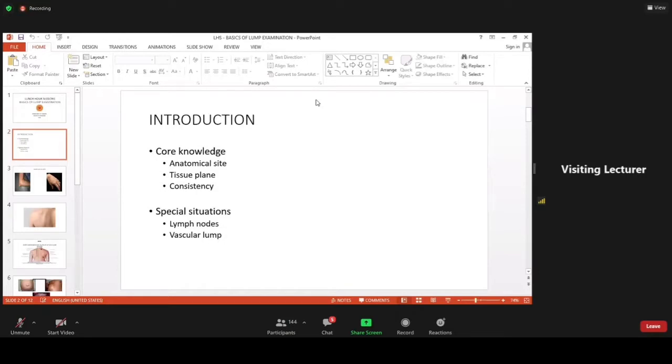As medical students, we try to remember the steps and put the lump into those 9 steps. But as clinicians, our objective is to come to a diagnosis, and this is how we look at a lump. What we are going to discuss now is not putting your lump into those 9 steps.